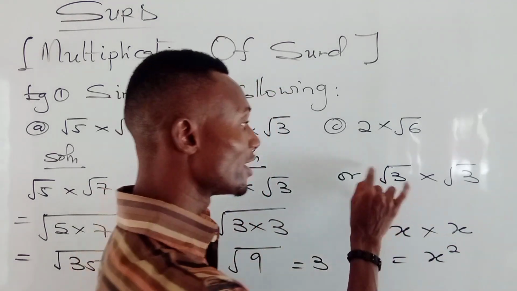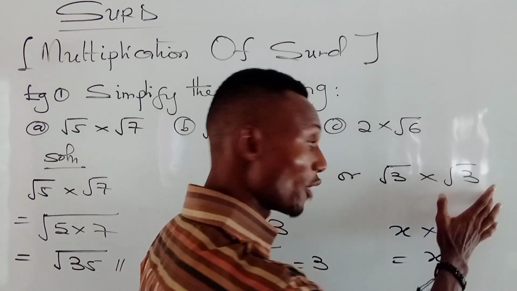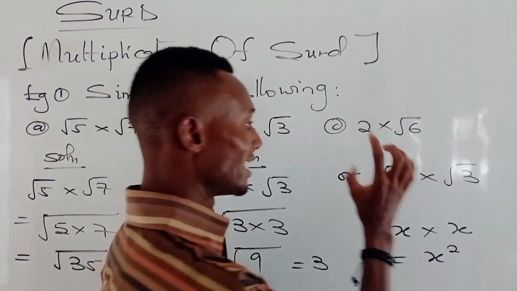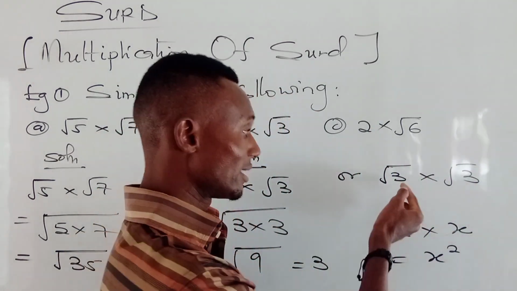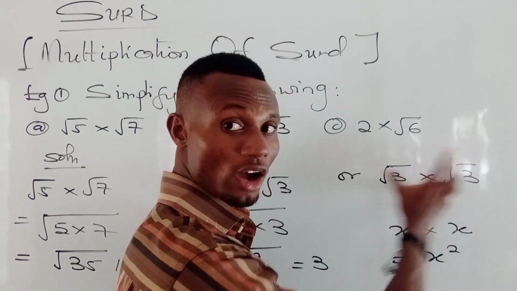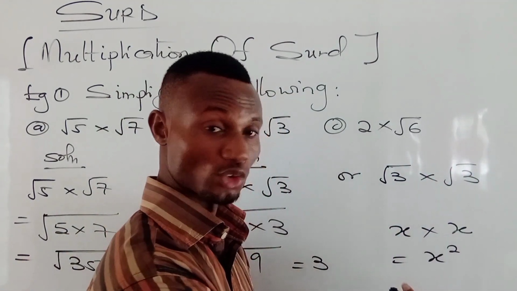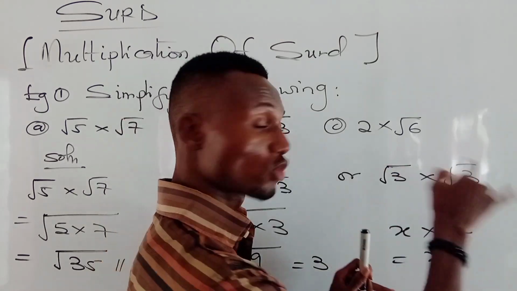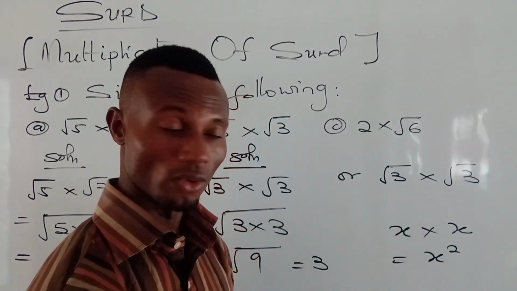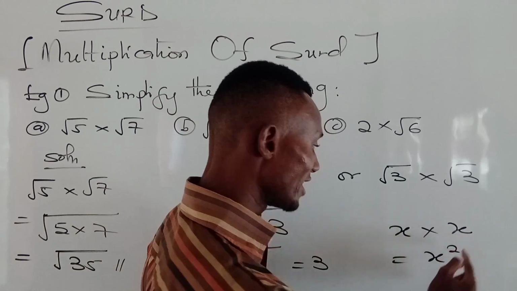In the same way, having square root of 3 times square root of 3, the key thing is that they are the same. This has 3, this also has 3, and they all have a square root sign. So we can apply this process to it. It's going to be square root of 3 all squared, because s times s gives s squared.